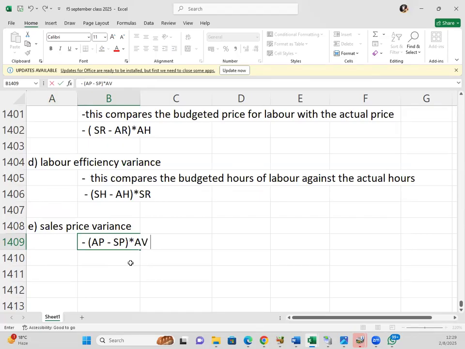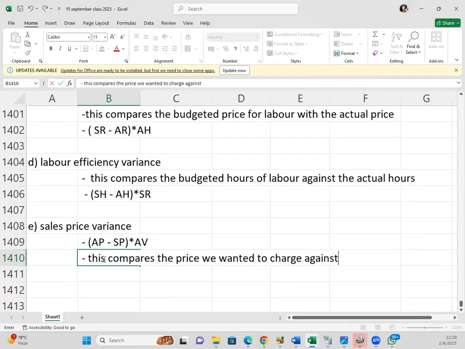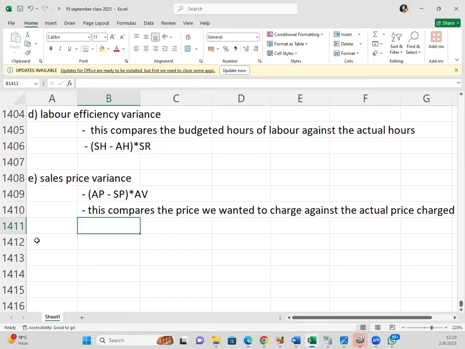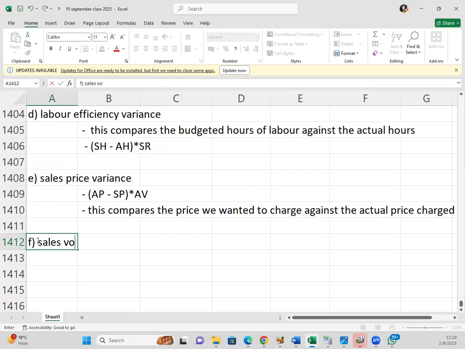So the sales price variance compares the price we wanted to charge against the actual price charged. Then we have the sales volume variance.